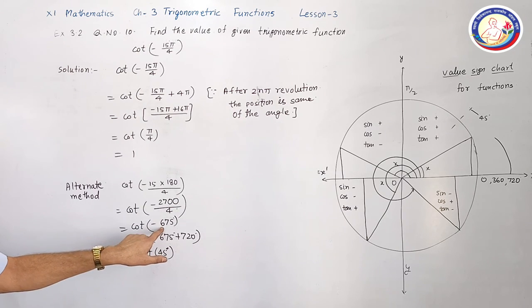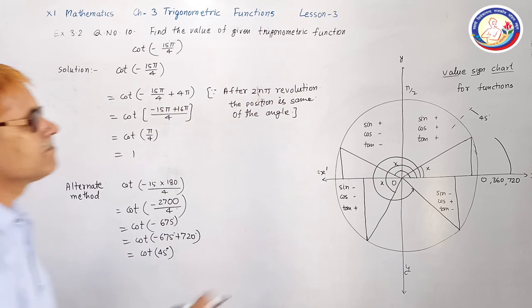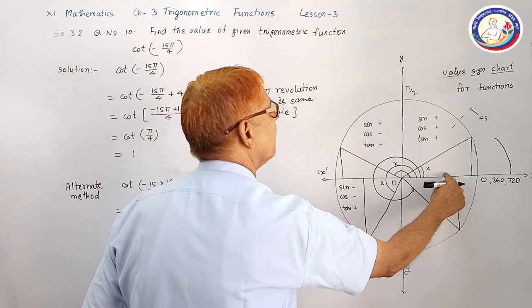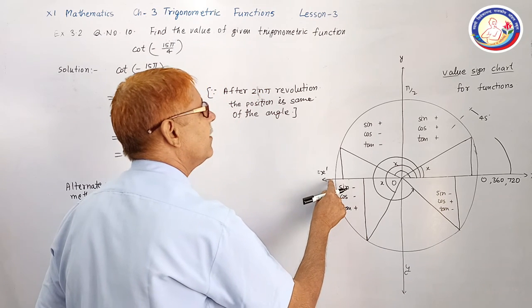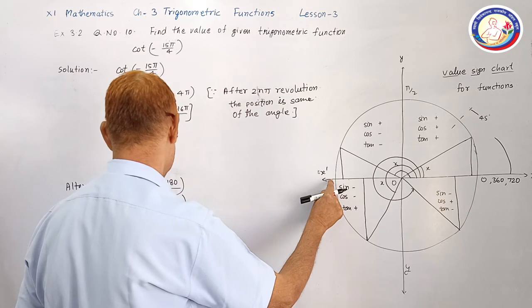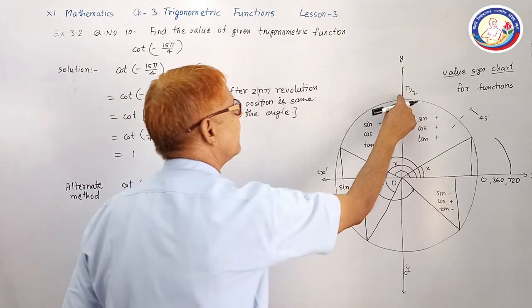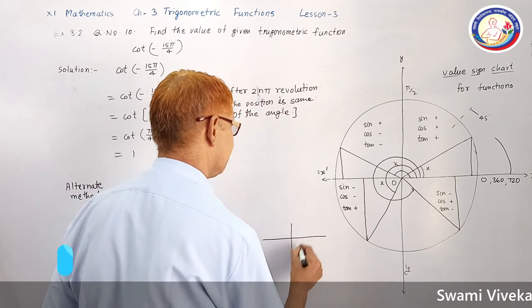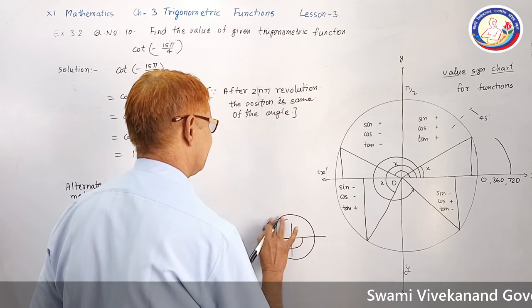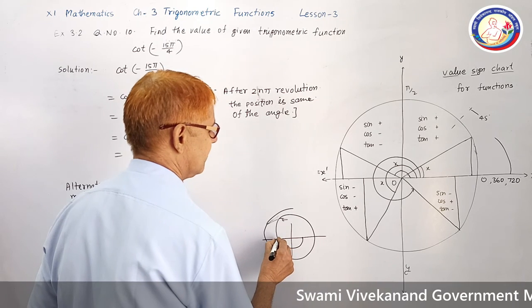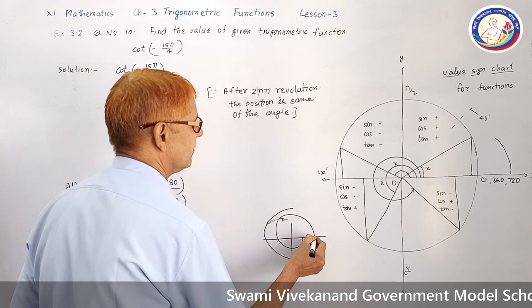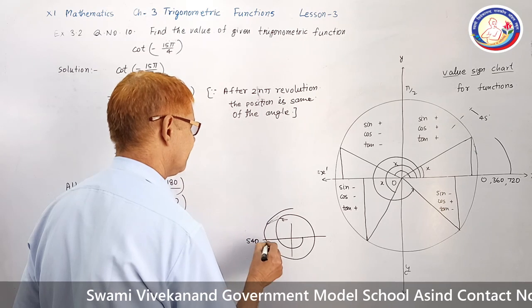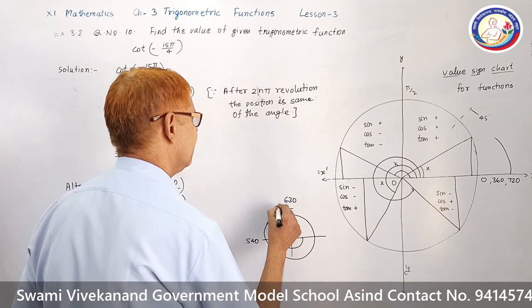Or if we understand it by negative direction, start from here, this is 360, again 180, plus 540, 540 plus 90 is 630, it is here after 1.5 revolution. 0, 180, 360, 540 plus 90, that is 630 in negative direction.